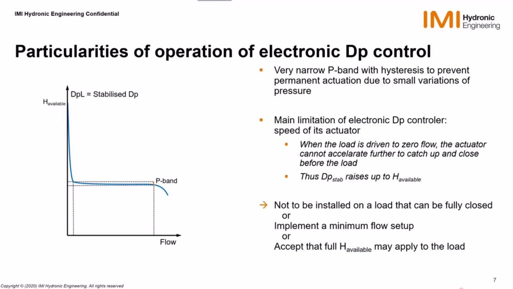This means that an electronic DP control should not be used if a load can fully close, or then you have to implement a minimum flow setup, but that can be expensive, right? Or simply you accept that the full available differential pressure may be applied to the load, correct?